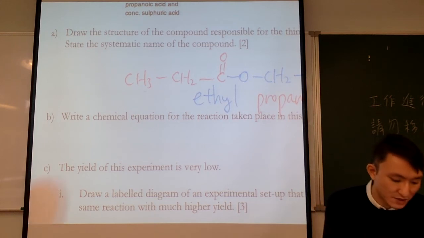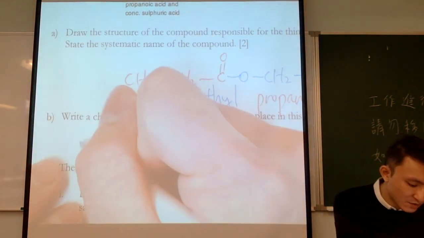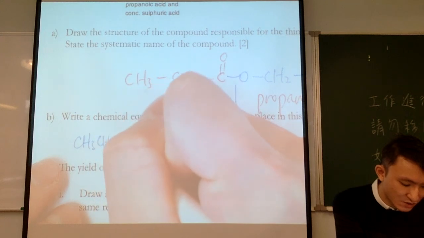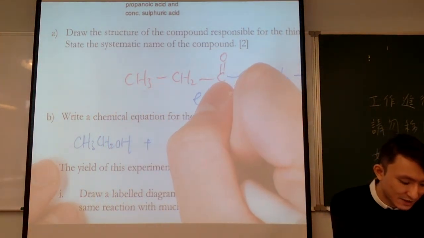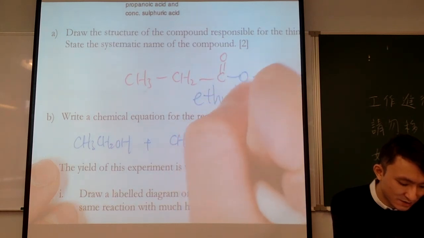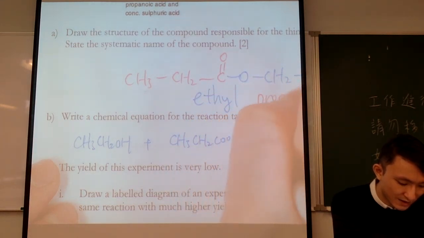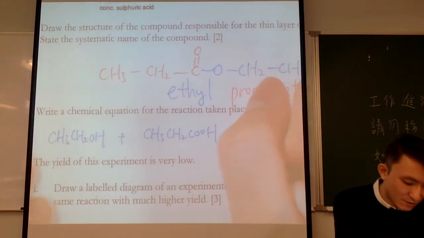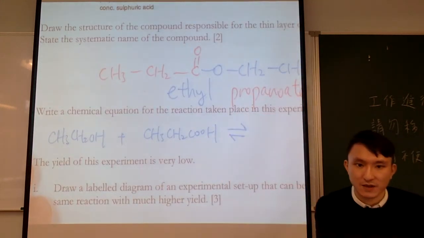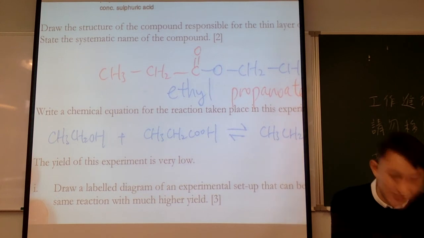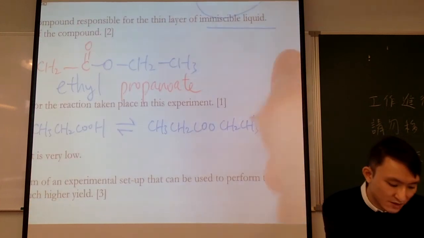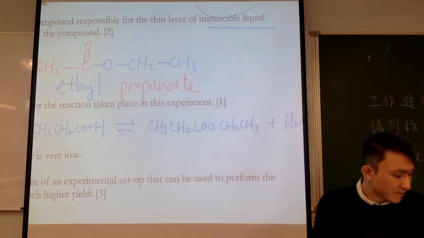Then write the chemical equation for the reaction taking place in this experiment. We have the ethanol, CH3CH2OH, reacts with the carboxylic acid, which is propanoic acid, with a reversible sign because it's an esterification, forming CH3CH2COOCH2CH3. This is the corresponding ester, and don't forget we have water.